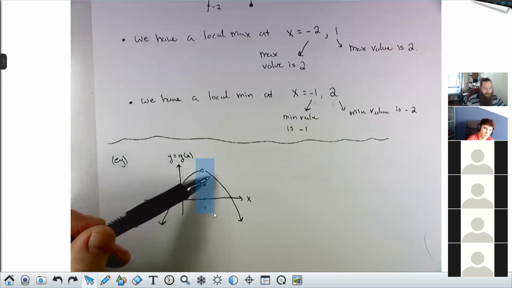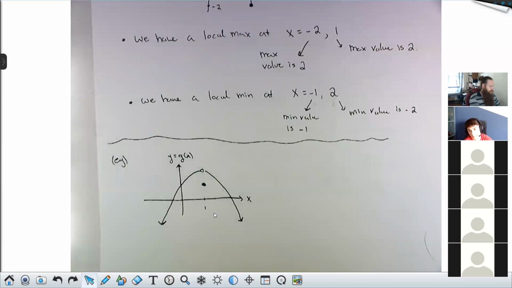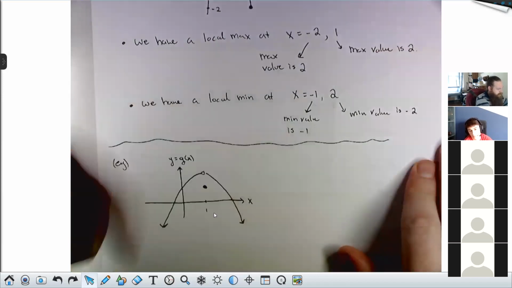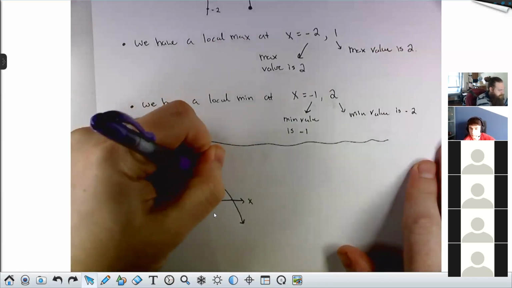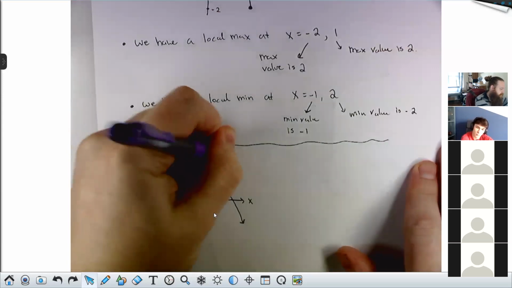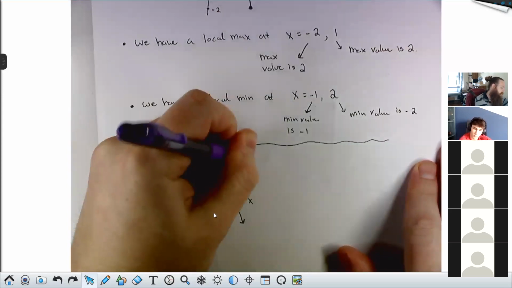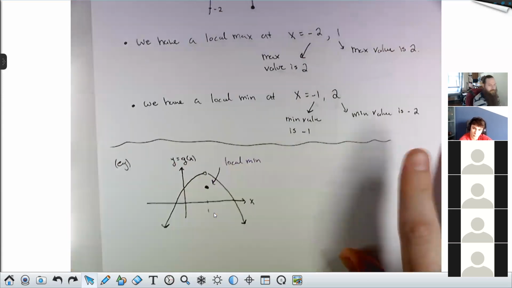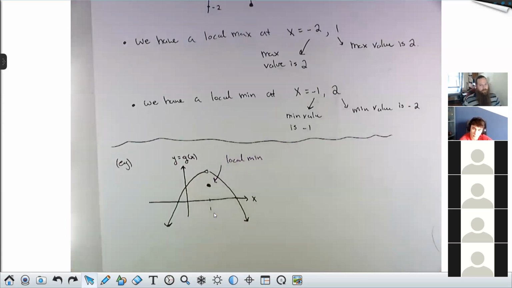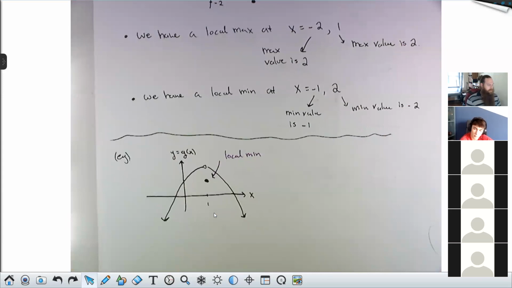The point here is taller, the point here is taller, the point here is taller. So this is a local min. It's sneaky, right? So we would say that g of x has a local min at x equals 1.